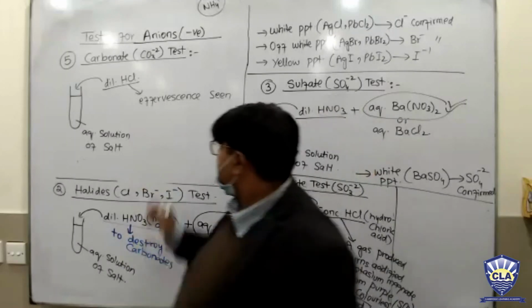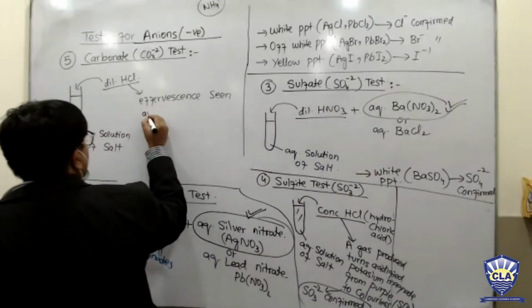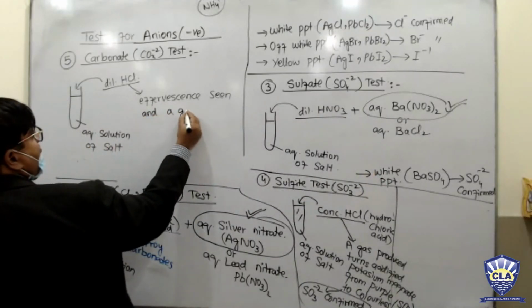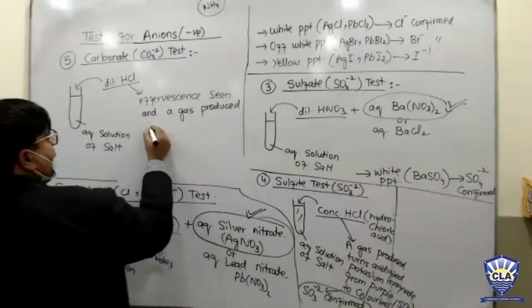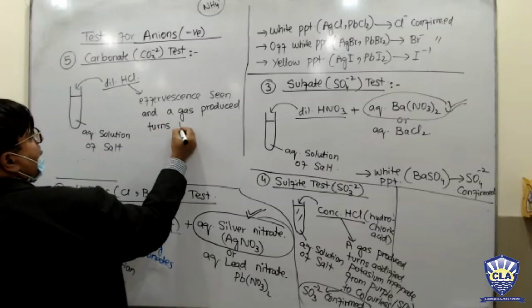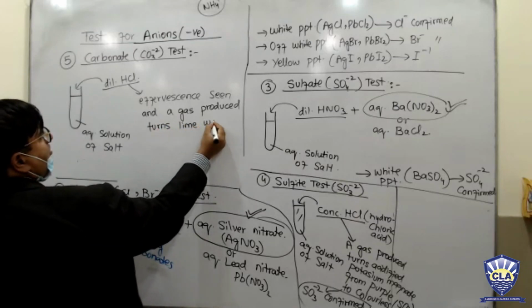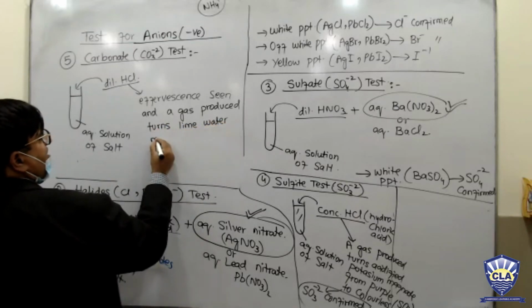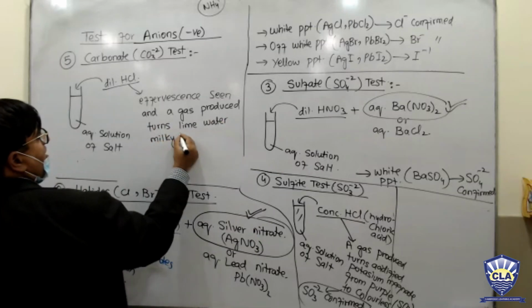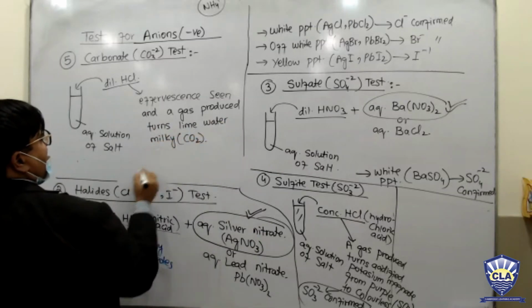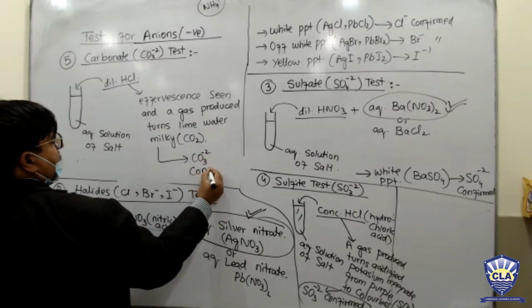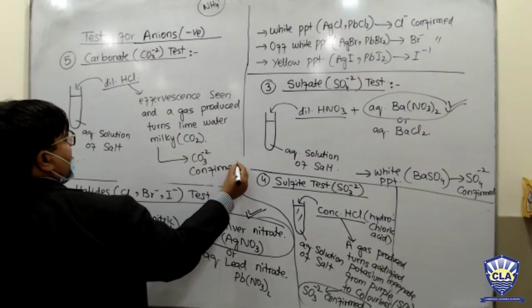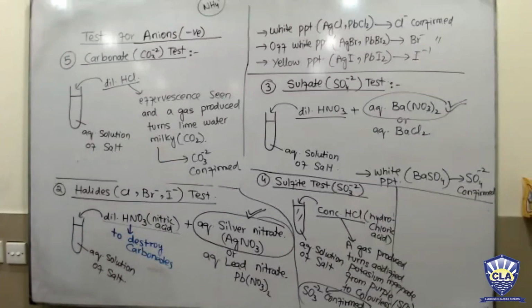Keep remembering that. So effervescence is seen, and a gas produced turns lime water milky. So this is carbon dioxide gas and your carbonate is confirmed. So these are the 5 tests for the negative ions.